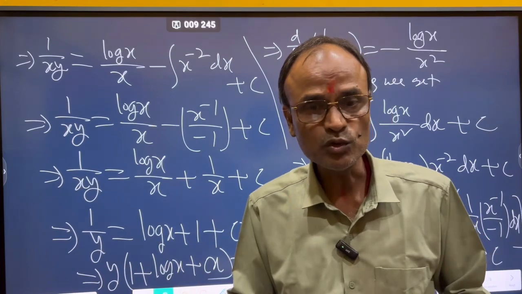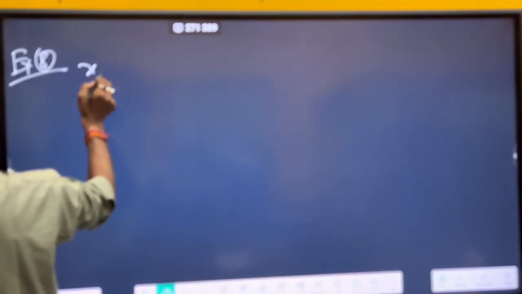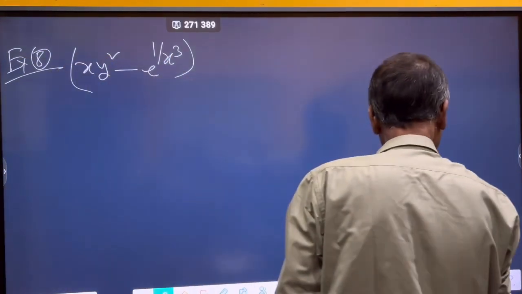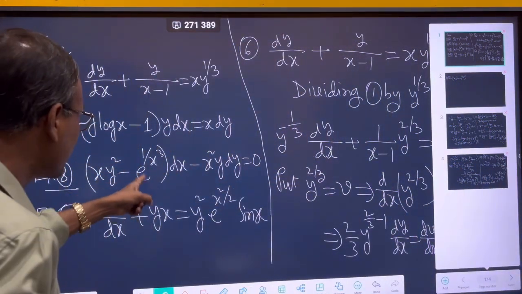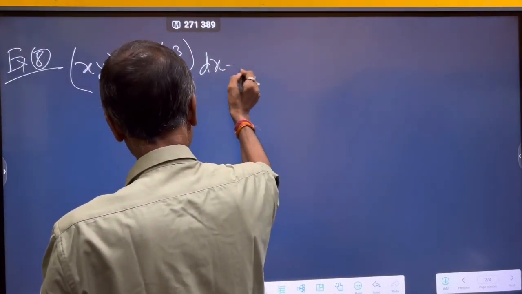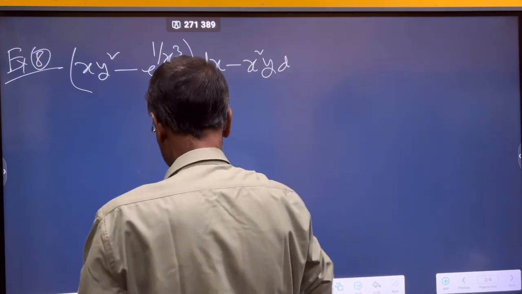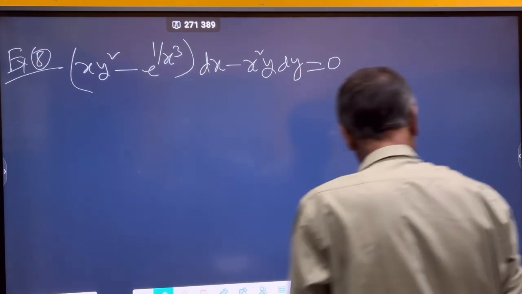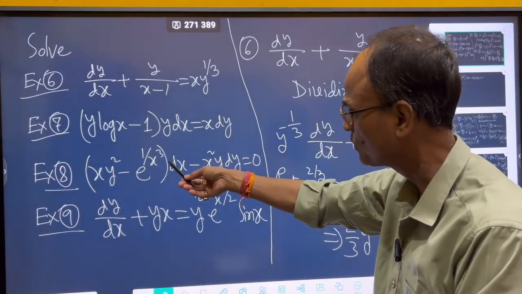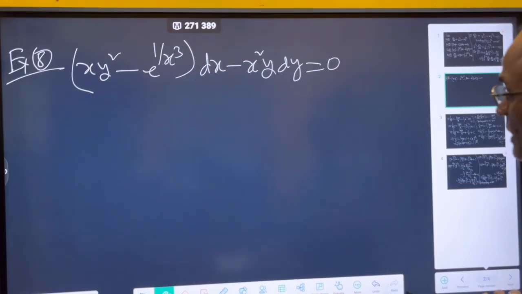Today's question number 2, and as I told, question number 7: xy square minus e to the power 1 by x cube dx minus x square y dy equal to 0.